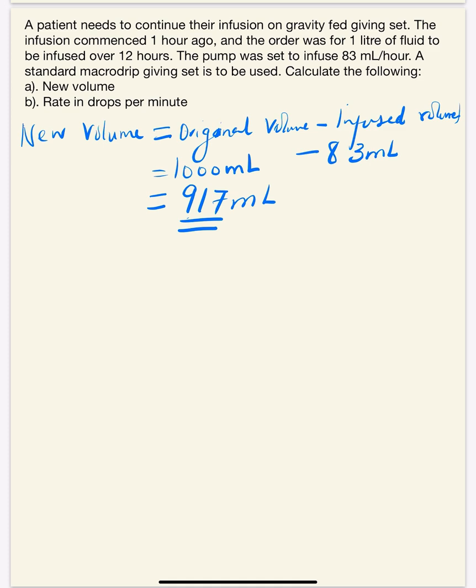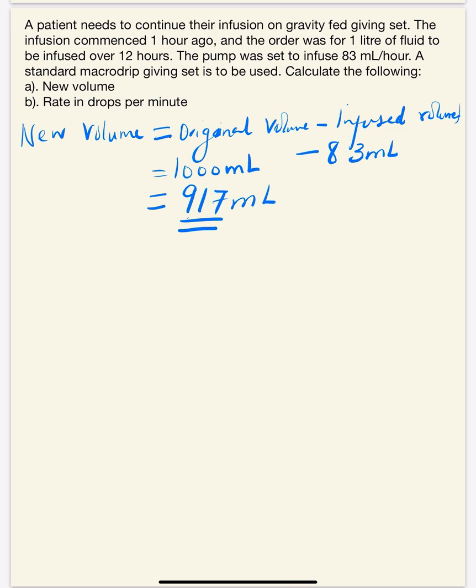Part B of this question is asking us to calculate the rate in drops per minute. So we could annotate a few things here and see what we need. I know that we have the new volume.